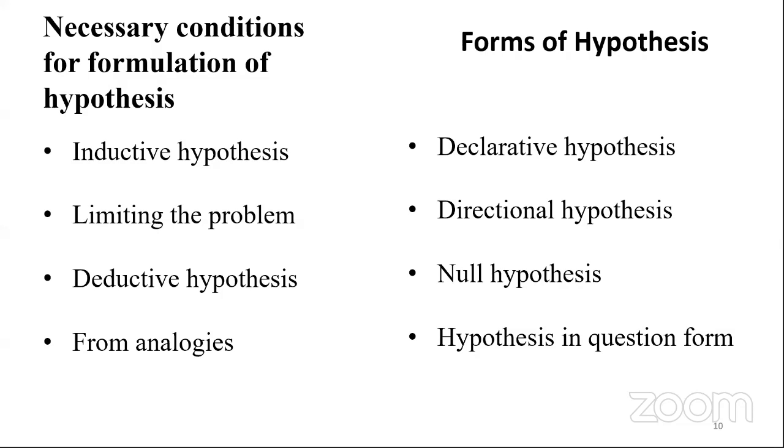You may deduce a hypothesis inductively after making observations of behavior, noticing trends, and probable relationships between, as I said, A and B components. One will be able to make an inductive hypothesis. That's one way of formulation of hypothesis. So if it has happened in some situation, I'm trying to see if it can happen in another situation also.